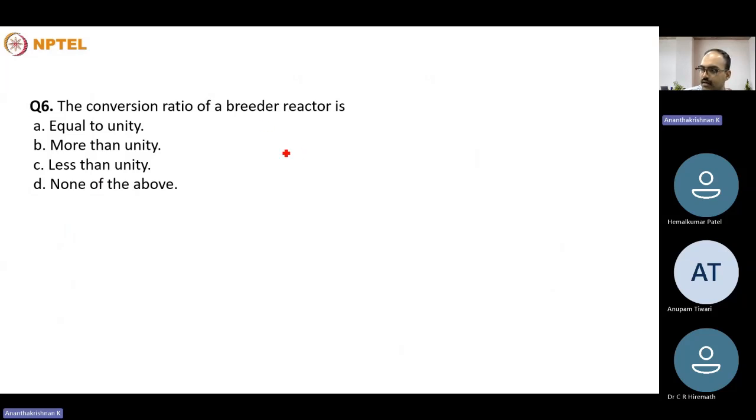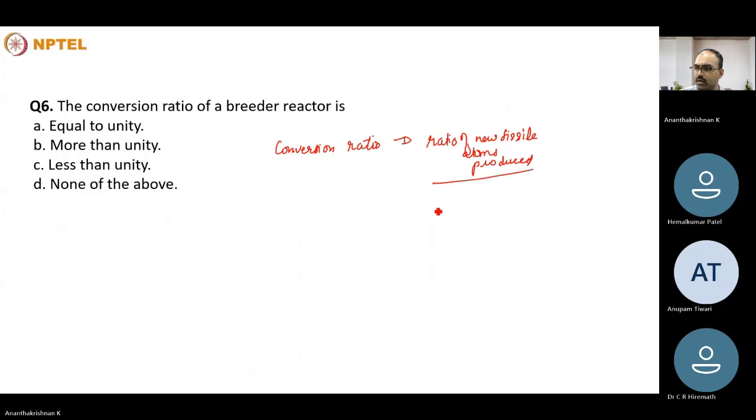Basically, the conversion ratio is the ratio of new fissile atoms produced to the fissile atoms consumed.